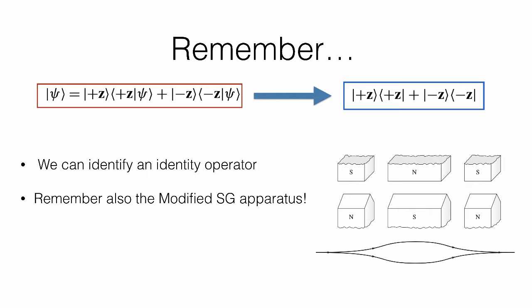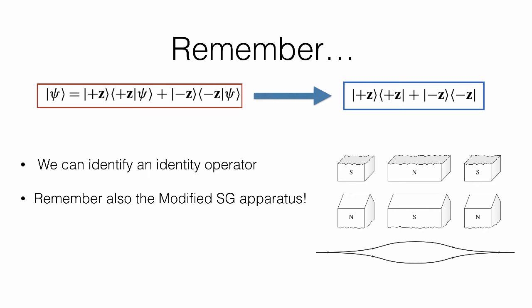And it reminds us about the modified Stern-Gerlach apparatus, which says that starting from a given input, a given psi, the modified Stern-Gerlach apparatus, where the magnetic moment is aligned along z, separates the incoming electron into a plus z channel and a minus z channel, and then puts them back together. So what we said at that time was that adding these two channels back together was equivalent to using an identity operator.